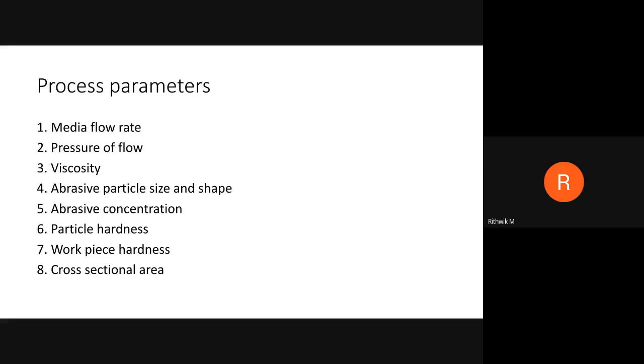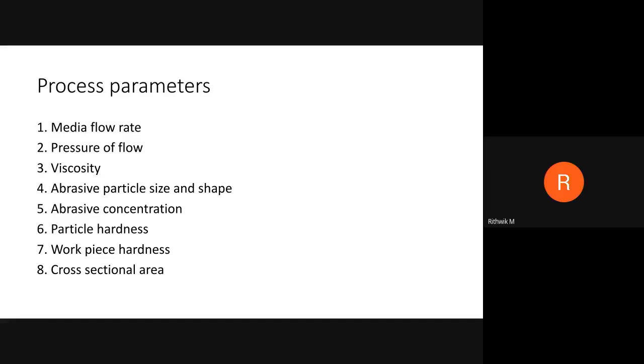Next, abrasive particle size and shape, whether it is a coarse grain or fine grain. Then abrasive concentration, the percentage concentration of abrasive particles in the mixture, or the ratio of abrasive particles to the carrier medium.